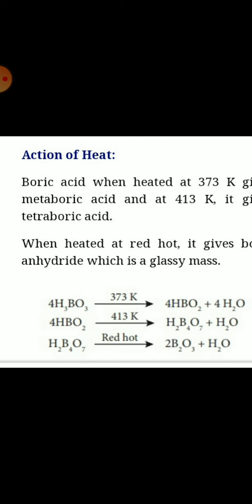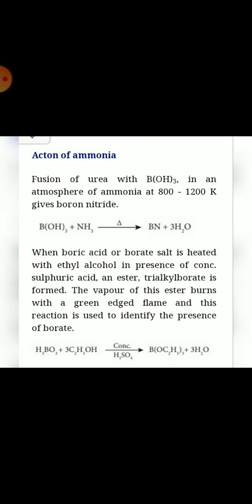Again metaboric acid at 413 Kelvin forms H2B4O7, that is called tetraboric acid. Then in the red hot condition, we can heat H2B4O7 again, and we get B2O3, boric anhydride. Now we studied the action of heat.